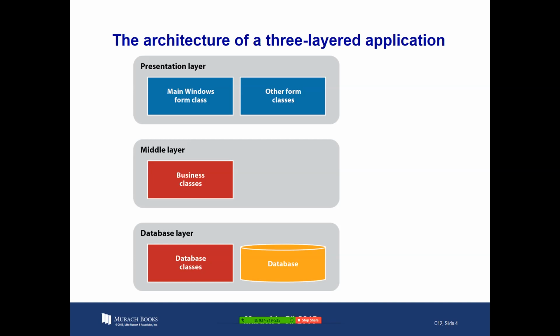There's this middle layer, which is called the business classes, and that's where a lot of the more sophisticated logic goes, for functions and so on that are specific to the application itself. And then there's the database layer, which we will get into a little bit later this semester.